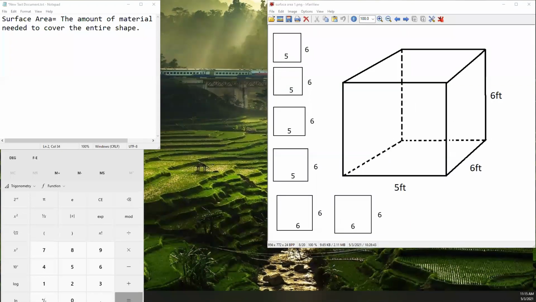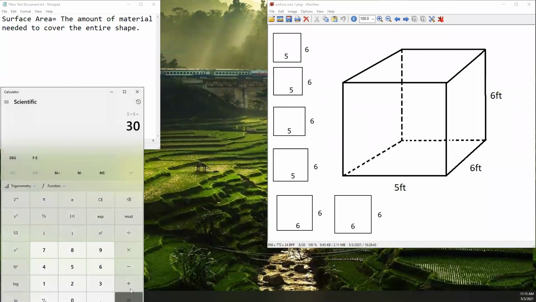So if you did 5 times 6, that's 30. Well, this is 30, this is 30. Those are the areas of those boxes. And then 6 times 6 is 36, right?